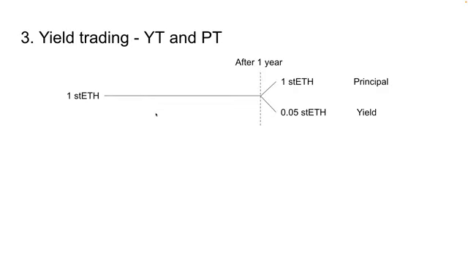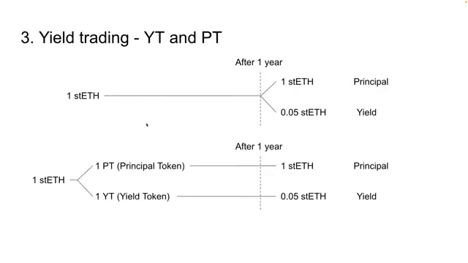In Pendle, you can split the initial one sDETH into one PT, short for principal token, and one YT, short for yield token. By holding one PT, you will get the one sDETH principal after the 1 year, or the maturity. By holding one YT, you will get the yield generated by the one sDETH from now until the maturity, which is in 1 year in this case.